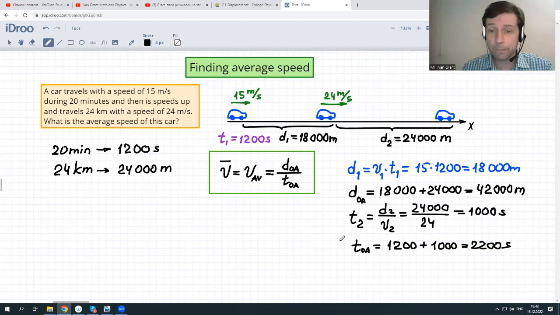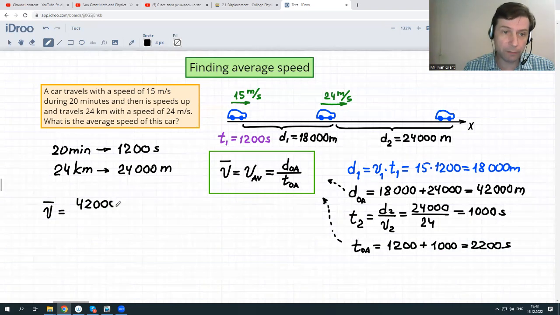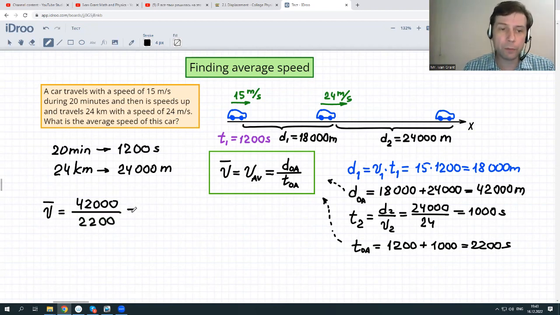Now let's substitute the data into the formula. So our average speed is 42,000 meters, the total distance traveled, over 2,200 seconds. If you calculate it carefully, it will be some long decimal, but basically it's about 19.1 meters per second. Okay, 19.1 meters per second.